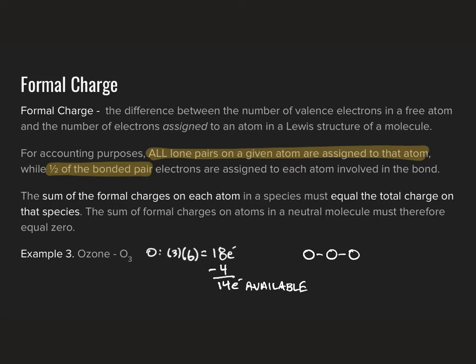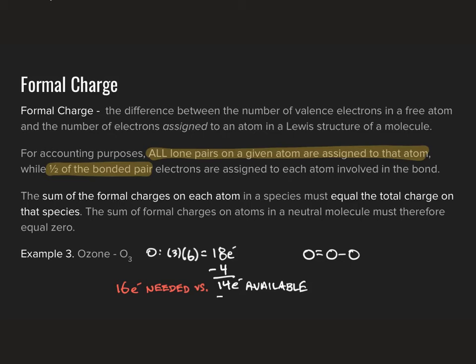Now, if we count up the number of electrons which we need to fulfill the octet rule, the oxygen on the left side needs 6, the central oxygen needs 4, and on the right side we again need 6, for a total of 16 electrons which we need to fulfill the octet rule. And as before, if there's not enough electrons to go around, our solution is double bonds. We just need 1 double bond right now. So I'll throw a double bond between these 2 oxygens right here, recognizing that I'm going to find myself in a resonance situation because there's no real reason to give that electron pair to one of the oxygens versus the other.